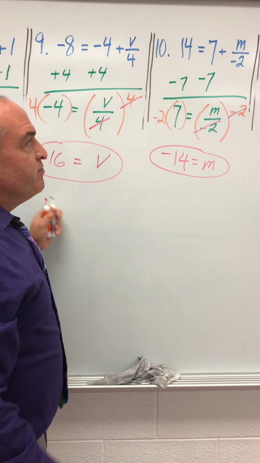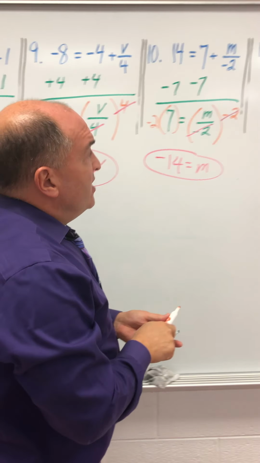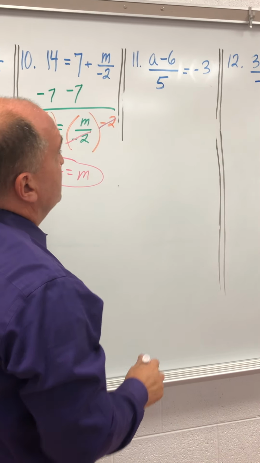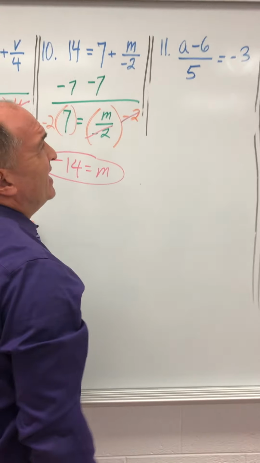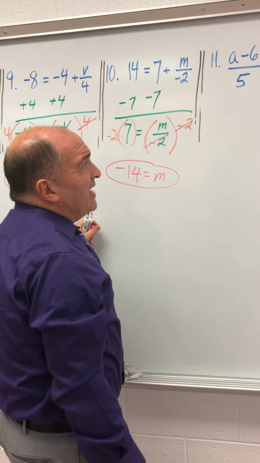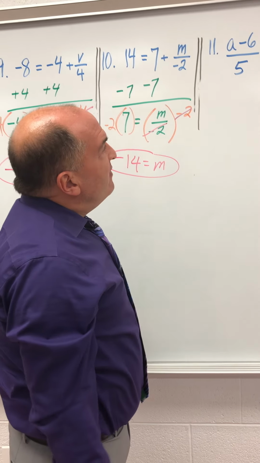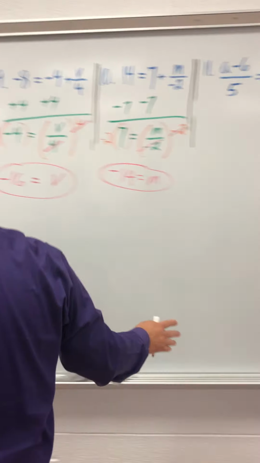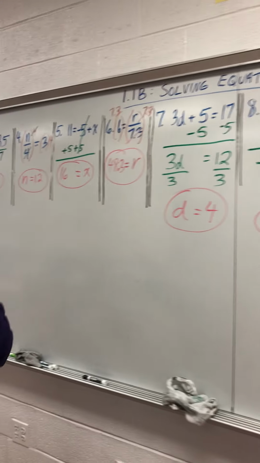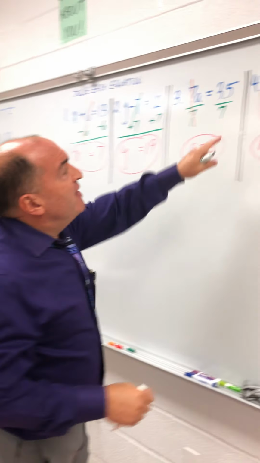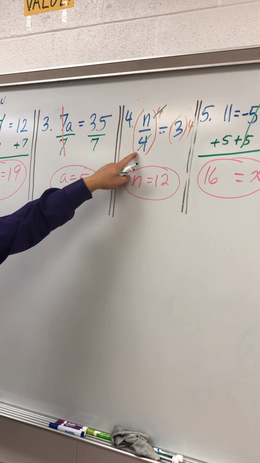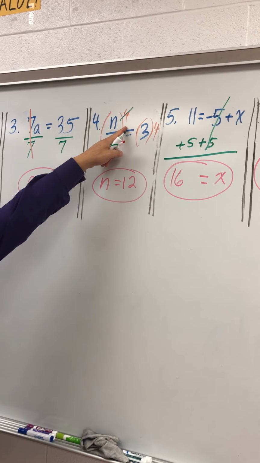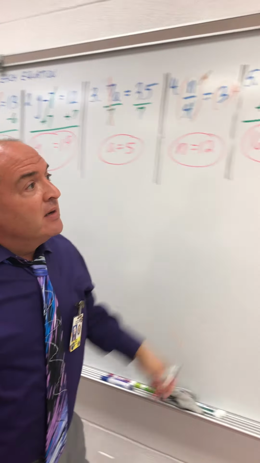No problem there. Oh my goodness, look at this mess. What's this? A minus 6 divided by 5? I want to get rid of the divided by 5. Over here we had n over 4 and we multiplied by 4. Guess what?